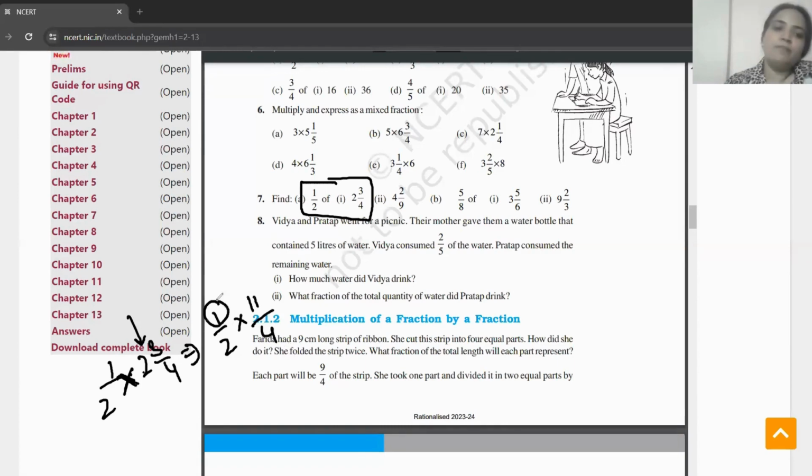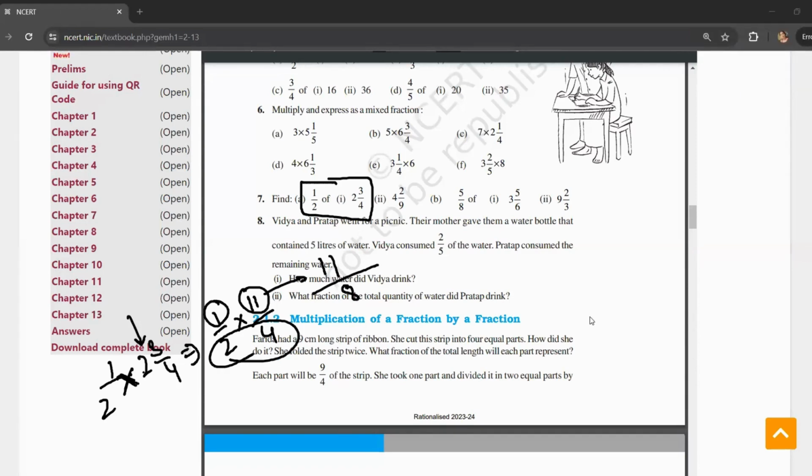Now you check if any of the numerators can cut with any of the denominators. No, none of the numerators is getting cut by any of the denominators. That means you have to multiply the corresponding numerators. 11 ones are 11. And multiply the corresponding denominators. 2 4s are 8. Okay, ma'am. Understood or not?